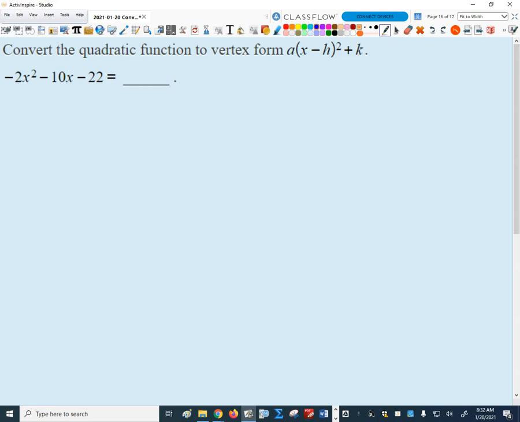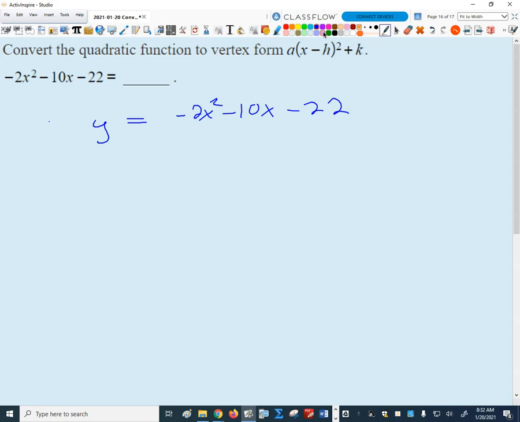So here's one where we're trying to convert this into vertex form. So we're going to start off by setting it equal to y, right? Okay, now on the right side, we need an x squared plus bx.